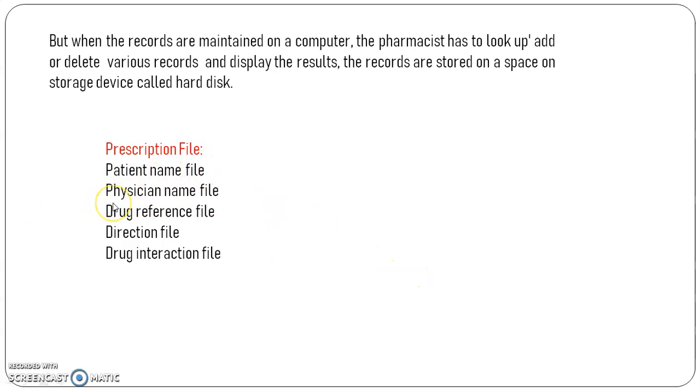It includes the name of the physician who is treating that patient, and every detail of the physician. Drug reference file, it includes the drugs which are used as a reference or which are used for the treatment. Direction file includes directions to the patient as well as directions regarding the drug, and drug interaction file, where there are different drug interactions which will occur with that drug.